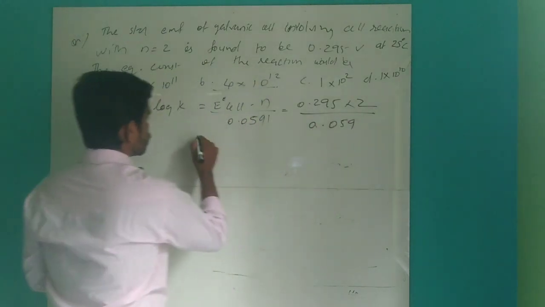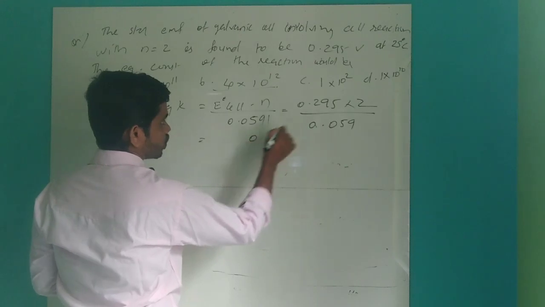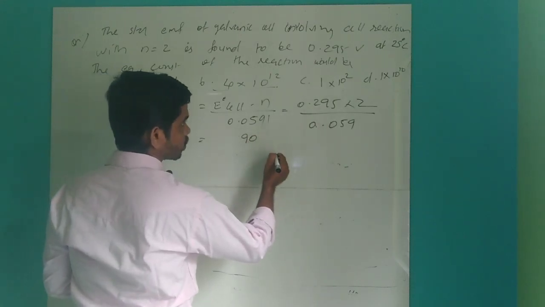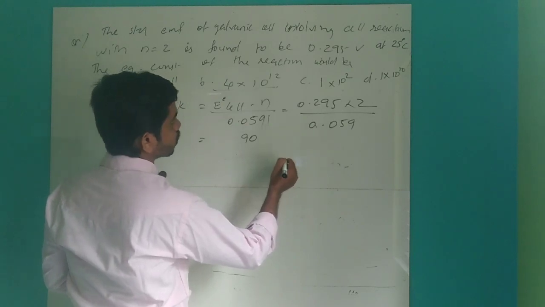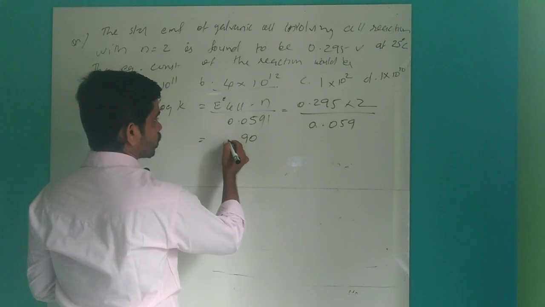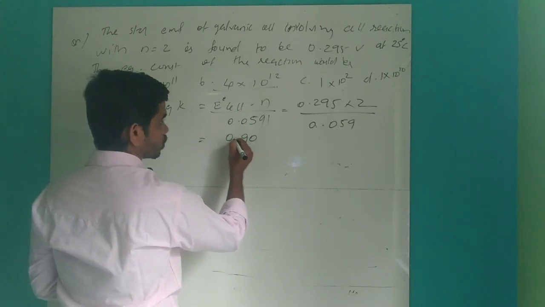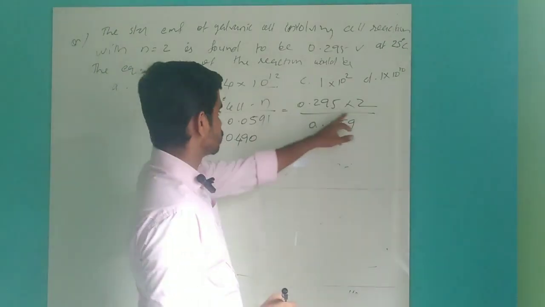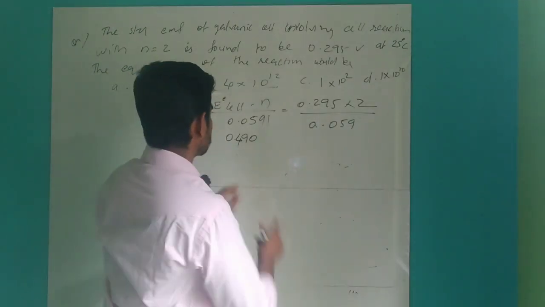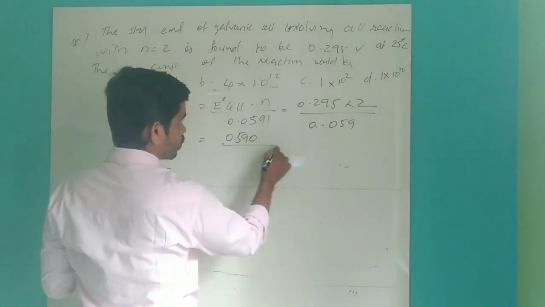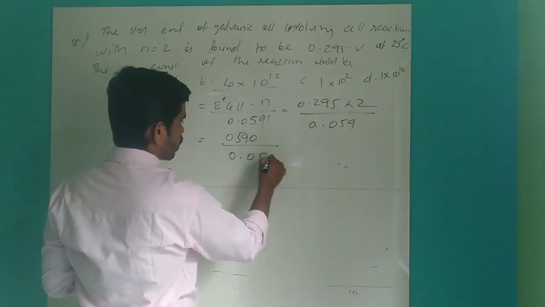If you multiply, we will get 0.590 divided by 0.059.